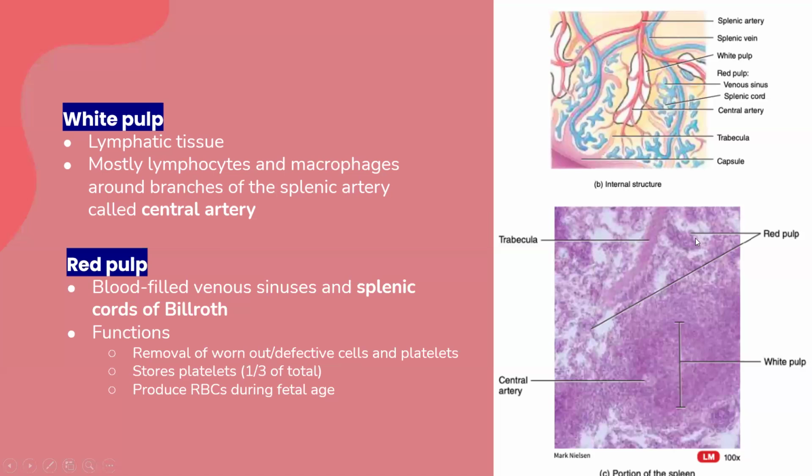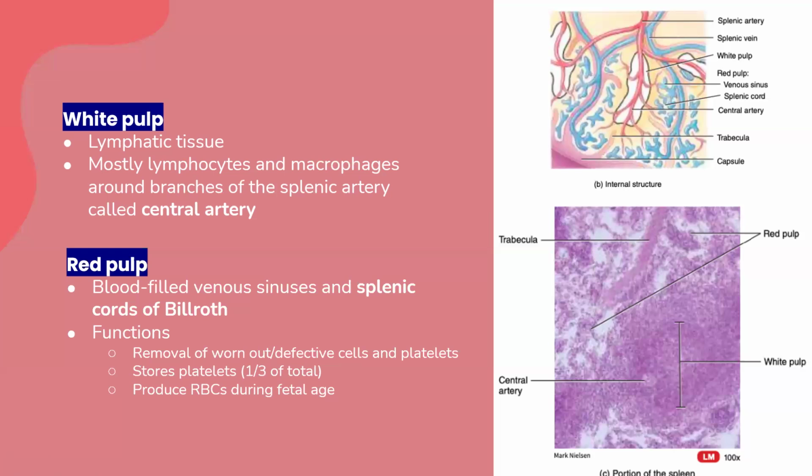While the red pulp, these here you see, the red pulp is blood filled, na venous sinuses as well as splenic cords of Billroth. And the function of the red pulp is to remove worn out defective cells and platelets. It also stores platelets, roughly 1/3 of the total in our body, and they produce RBCs during the fetal age.